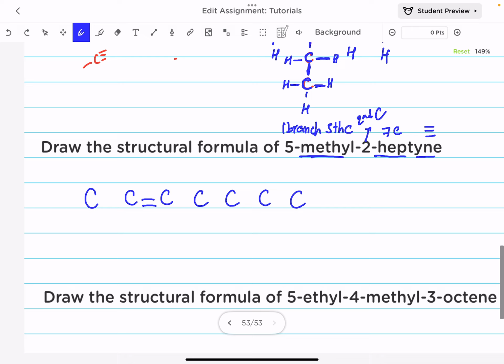On the 2nd carbon, I have a triple bond, and on the 5th carbon, 1, 2, 3, 4, 5, I have a branch. The remaining will be filled with hydrogens. Just like that. H, H. So that's the final drawing structural formula of this 5-methyl 2-heptyne.